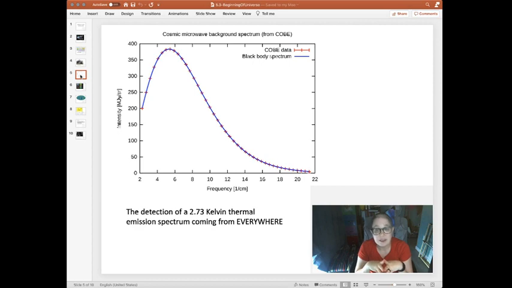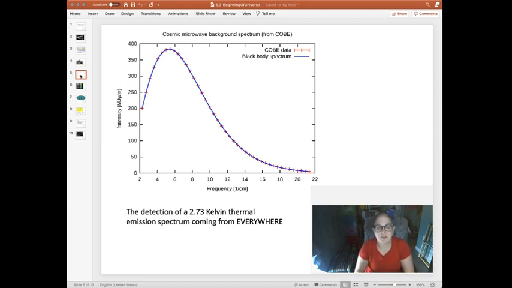The blue line is the theoretical thermal emission spectrum, also called the black body spectrum. The red crosses are what the telescope measured. And the error bars are shown here. I don't know if those are the true error bars or if those are actually inflated error bars, but you can see from this plot that the theory and the observation line up beautifully.